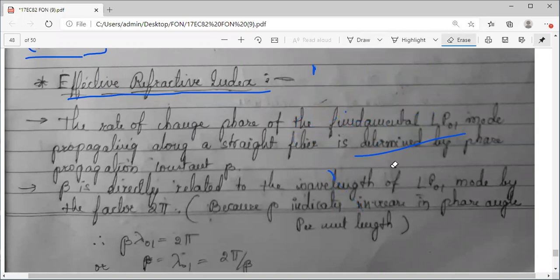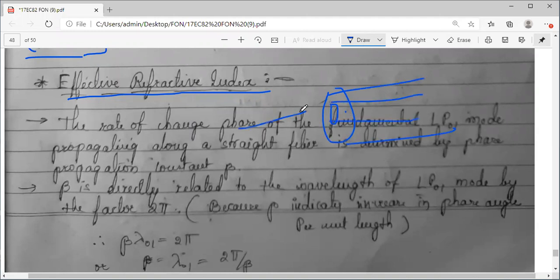Now coming to the effective refractive index. Optical fiber is made of two different refractive index materials. One is the core having a refractive index N1 and the cladding having the refractive index N2. So how much refractive index is effectively observed whenever a ray propagates into the optical fiber, that measure is given by the effective refractive index. Try to understand.